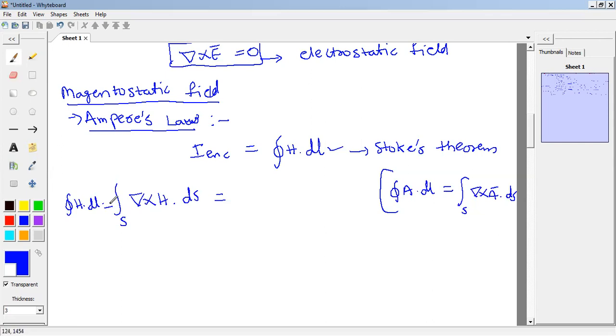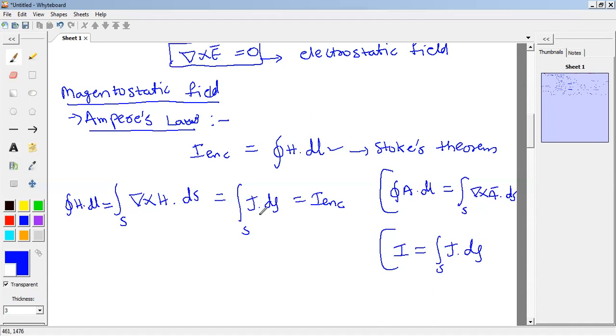Now, I enclosed by the path we can write in terms of current density: I is equal to the integral of J dot ds. That is equal to I enclosed by the path.